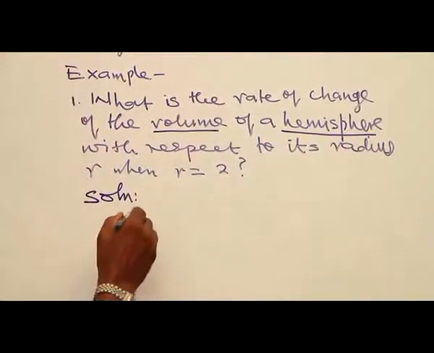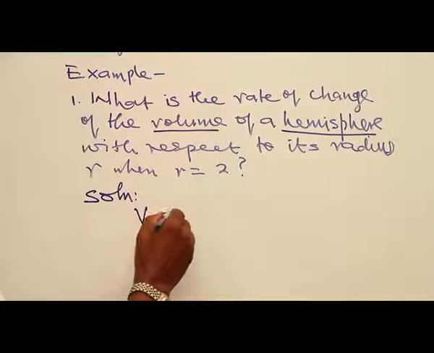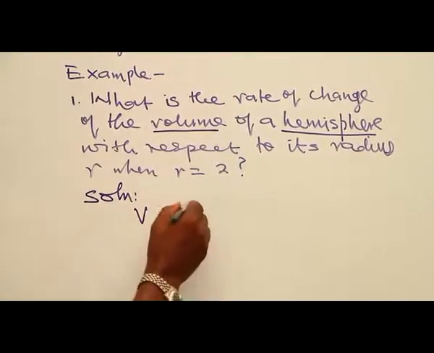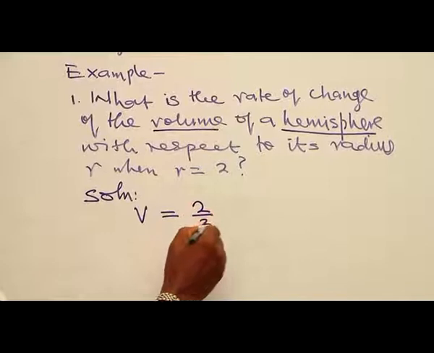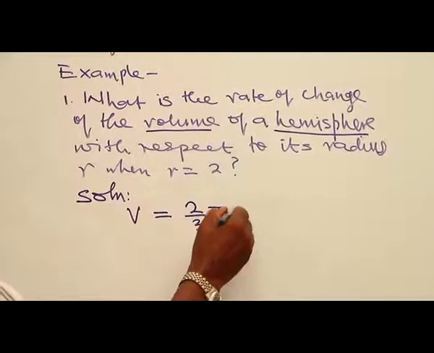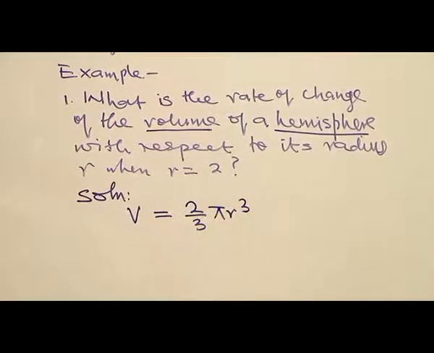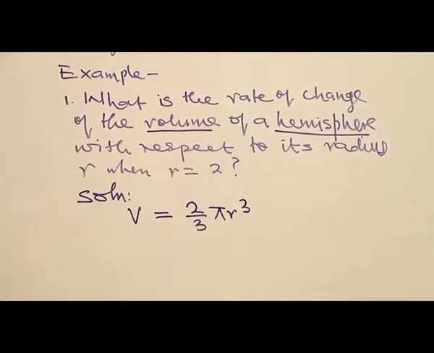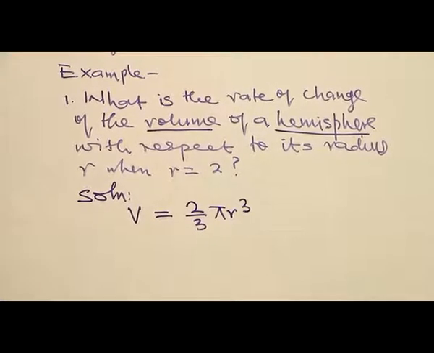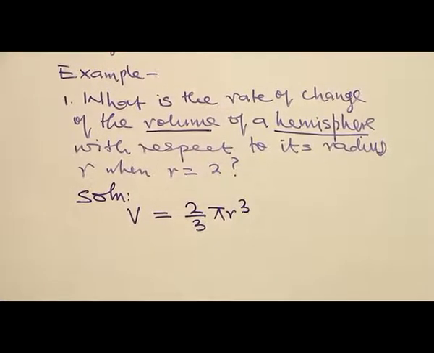And what is the volume? So the volume V of a hemisphere is equal to 2 all over 3 pi r cube. You will recall that the volume of a sphere is 4 all over 3 pi r cube. A hemisphere is half of a sphere.